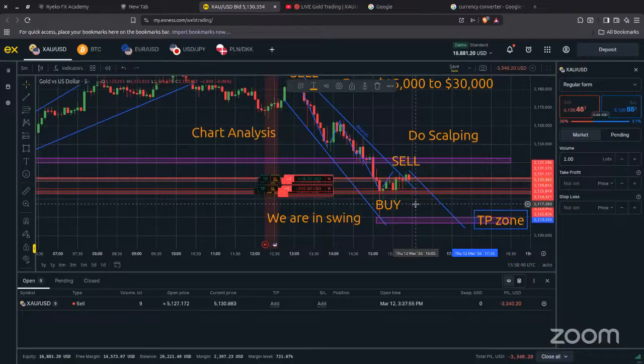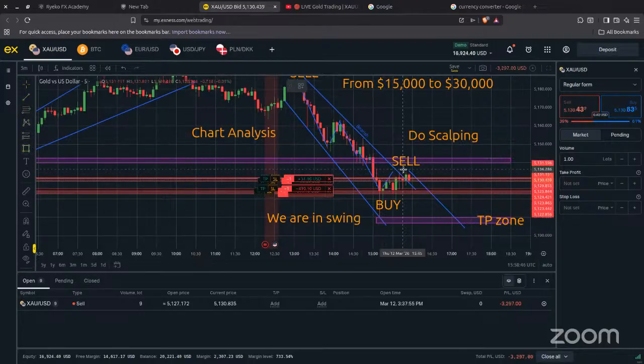Now, consolidating, let me show you what consolidation means. You're going to start seeing some trend like this. This is the highest point of the buy. And then you're going to start seeing something like this.